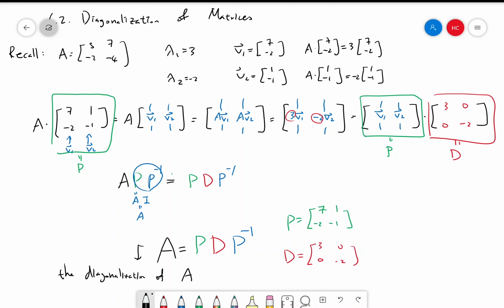Alright, so we have seen an example. Let's introduce a few definitions. Okay.